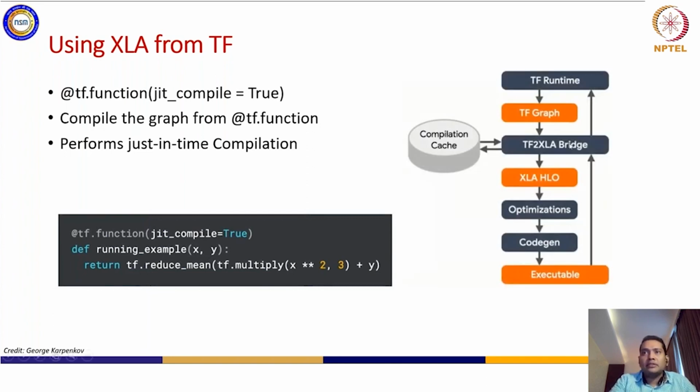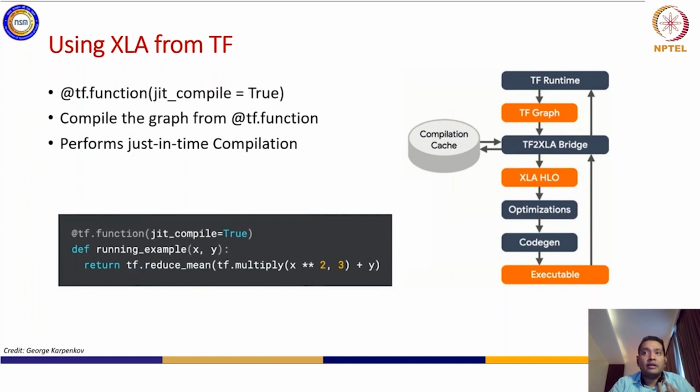So how does it happen? Basically, you start from the TF runtime, which is the TensorFlow tf.function runtime. You have the graph, you have the bridge. Basically, the compilation cache will do the bridging, because you will see in a few slides that this compilation cache, which generates the XLA HLO, makes the bridge between the graph and the XLA HLO.